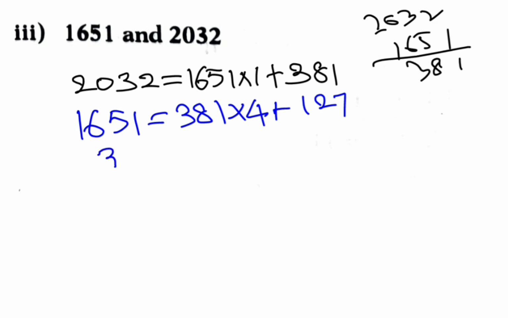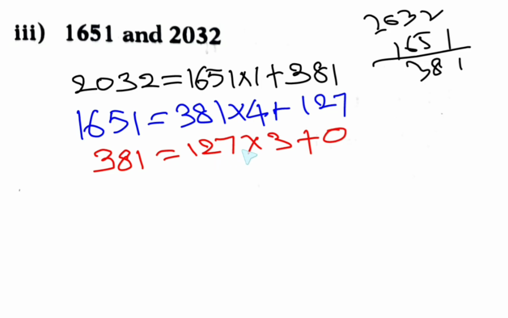Again continue the same. 381 is equal to 127 into 3 times: 3 sevens are 21, 3 twos are 6, 8, 3 ones are 3, 381.